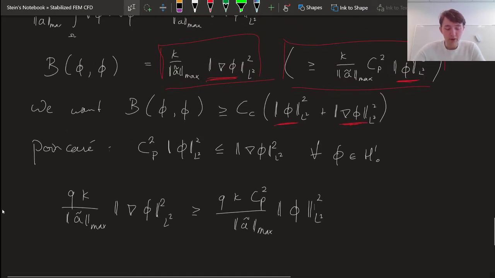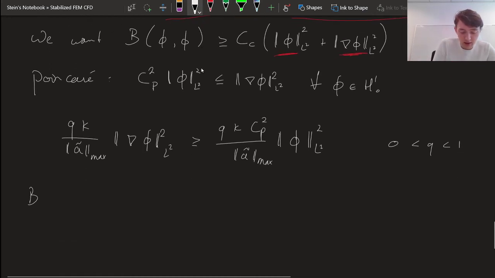So if I do this only for this fraction q, where obviously q is going to be in between 0 and 1, well, then I'm left also with a fraction 1 minus q, right?